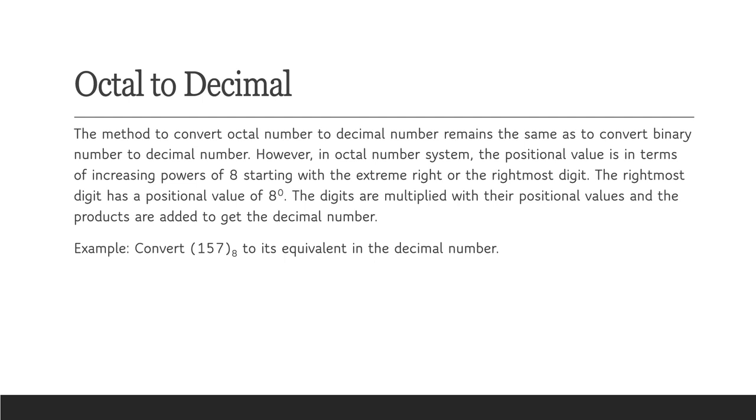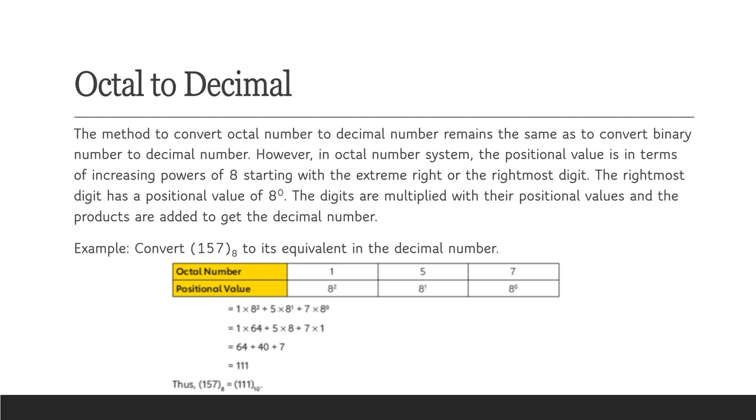The rightmost digit has a positional value of 8 to the power 0. The digits are multiplied with their positional values and the products are added to get the decimal number. Example: convert 157 with base 8 to its equivalent decimal number.